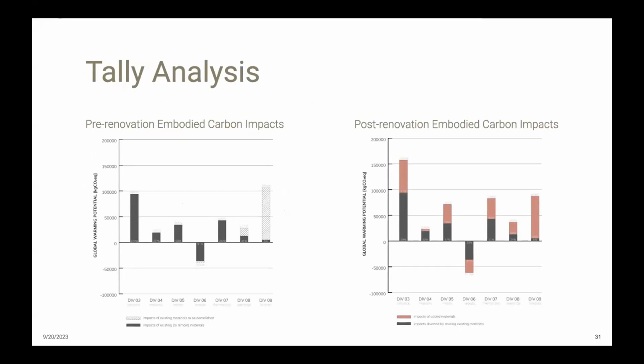What's up on the screen now are our embodied carbon emissions associated with the project. We have the estimated emissions from the original construction in gray, and then the emissions from our renovation in red. So you can see that we spent about half as much embodied carbon as we would have if we had rebuilt the same building with all new materials.